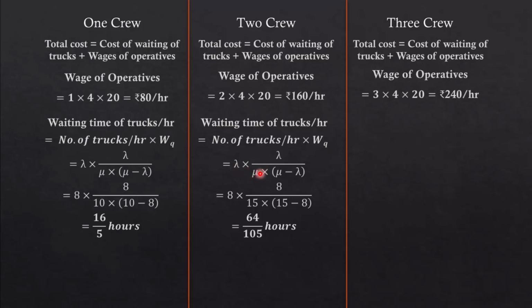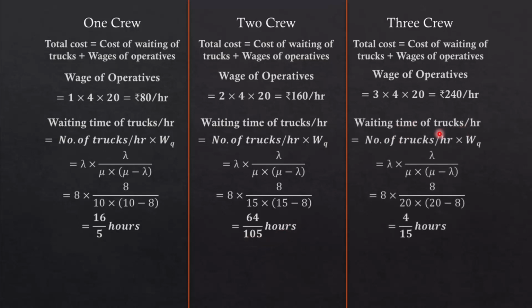Previously, when there is a single crew, the value of mu is 10. Now here the value of mu will be 15, because as the crew size increases, the service rate also increases. So after putting the values of lambda and mu here, we will get this value as 64 by 105 hours.